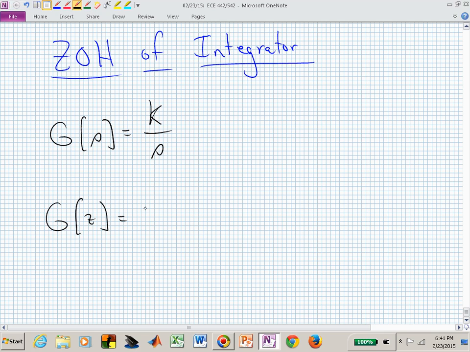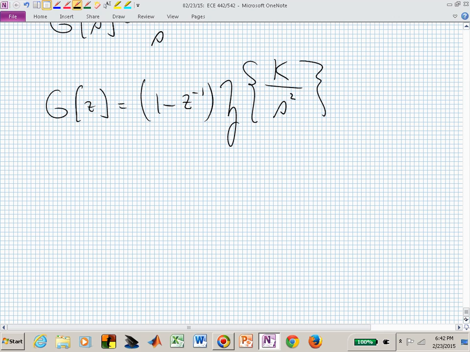G of z is now 1 minus z to the -1, Z-transform of k over s. We just add another s in the denominator. This is now k over s squared. This is now 1 minus z to the -1.